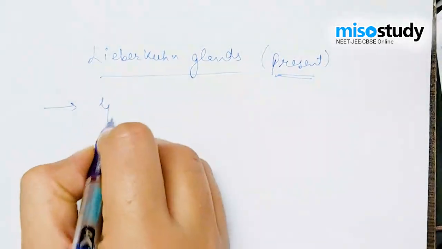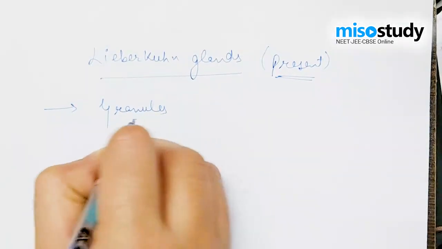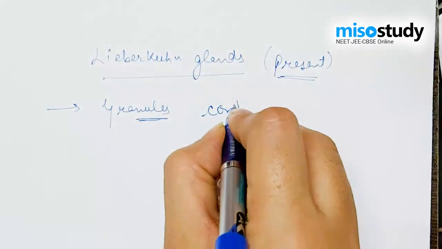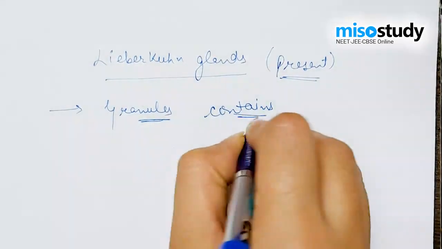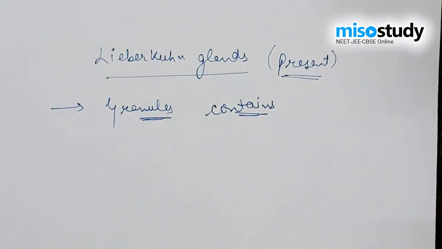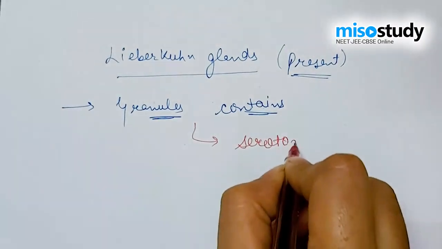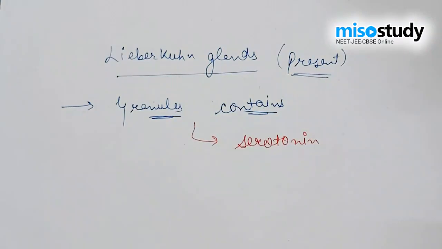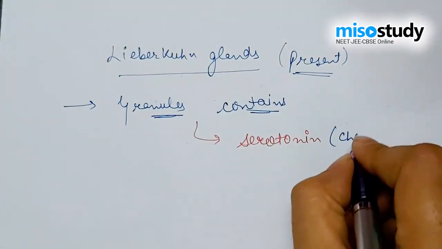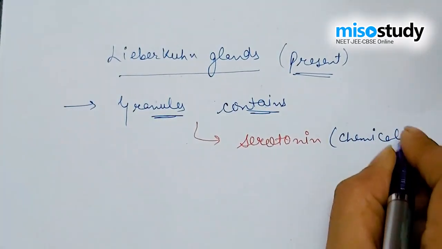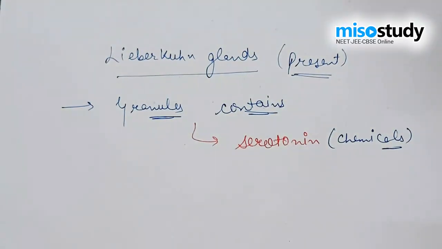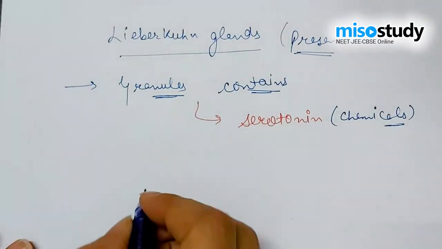These granules contain a chemical known as serotonin. Serotonin is the chemical secreted by the granules present in the Lieberkuhn glands.